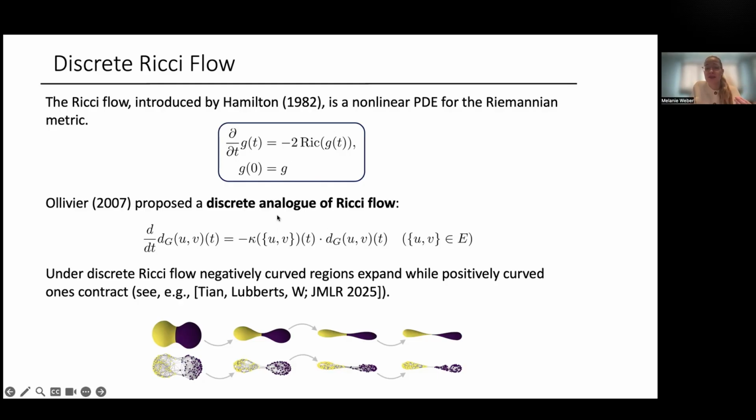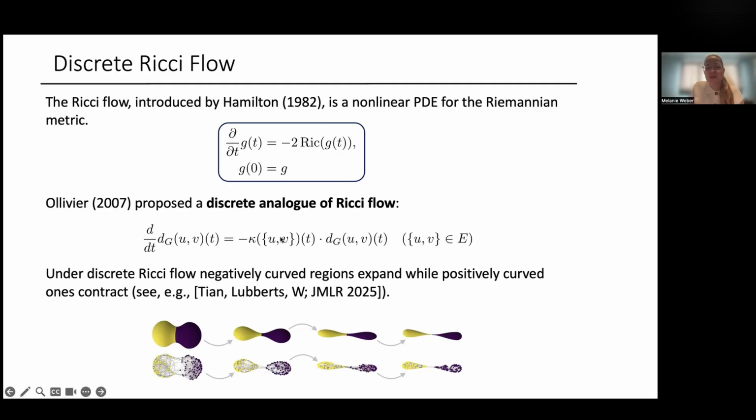I should note here, unfortunately, there is no consistency or continuum limit like we have for the curvature. This has not been proven for the flow, and I think it would also be very difficult, maybe impossible, for technical reasons that I can't go into here.